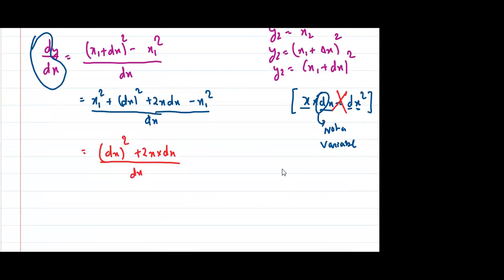Now let us think one thing. dx will almost be equal to 0, almost equal to 0, but it is not exactly equal to 0. So suppose the value of dx is 10 to the power minus 8. What would be the value of dx whole square?